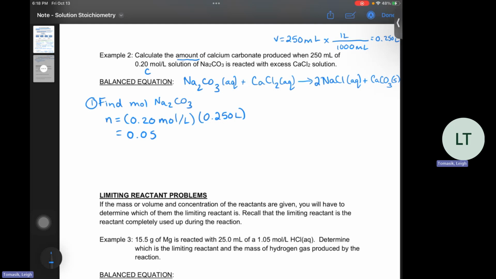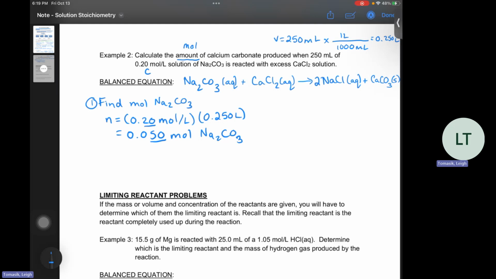I want to make sure there's a 0 because it gets to have 2 significant digits. So we have moles of Na2CO3. So they want us to find the amount of calcium carbonate. When you see amount in chemistry, it means moles.